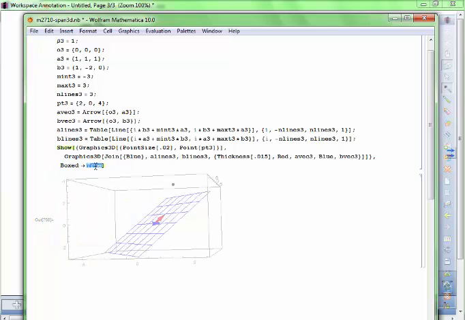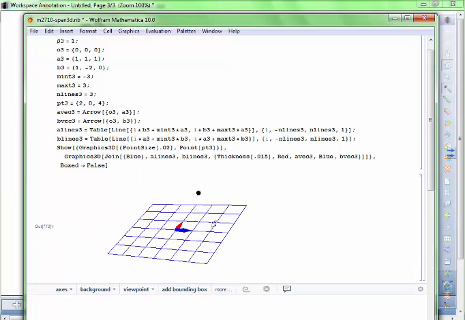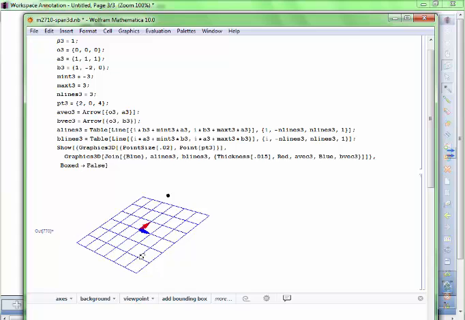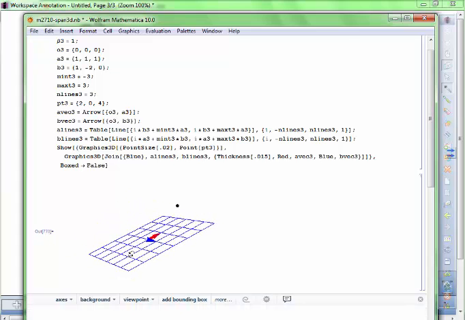Let's take that box out. So with 3 dimensions, it gets a little trickier because the plane that you're spanning is 2-dimensional, and then if the point is not on that plane, then it's not part of the span.